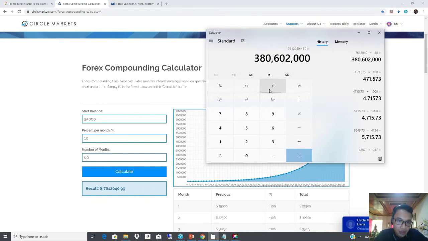I always tell people, especially those who want my advice in savings and in forex trading, the technique is delayed gratification. You delay gratification, think about the future effect of money, the future effect of compounding, instead of the things that you could buy now using the money. Because later on, if you have 380 million in peso or 7,612,000 in US dollar, I think you'd buy more rather than using the amount right now.